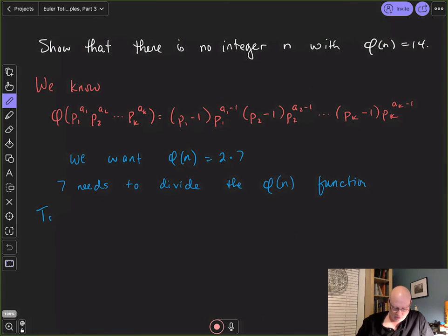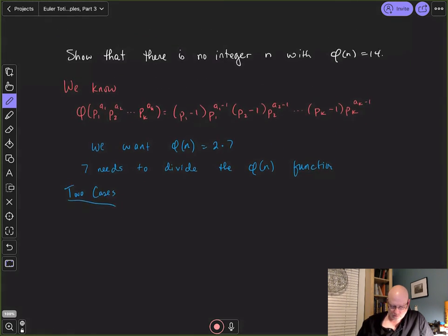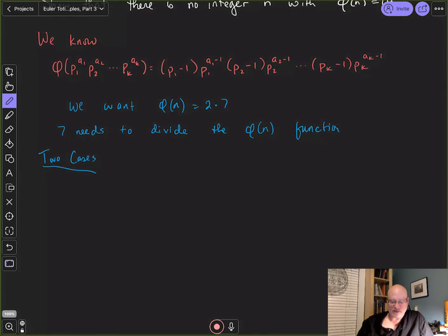The first case is: what happens if 7 divides n? n is the number we're looking at.